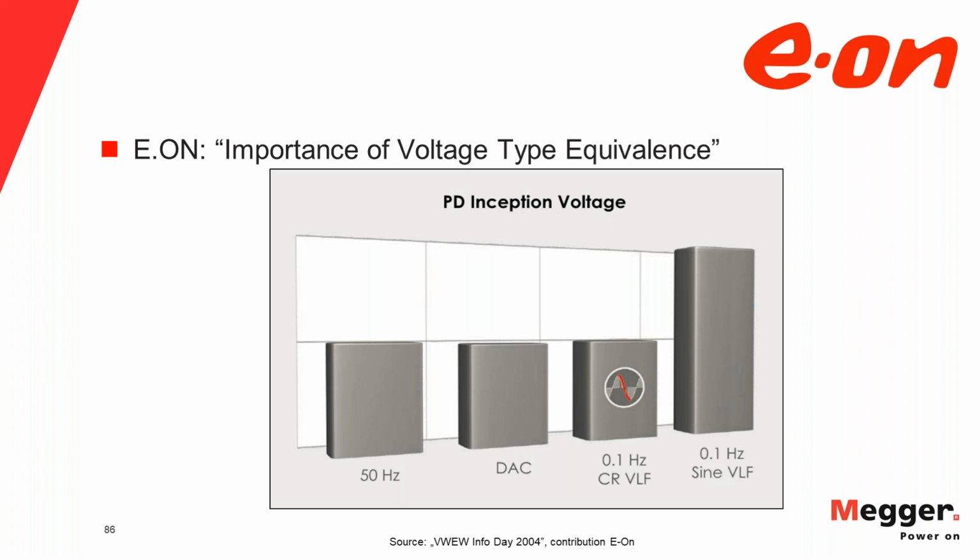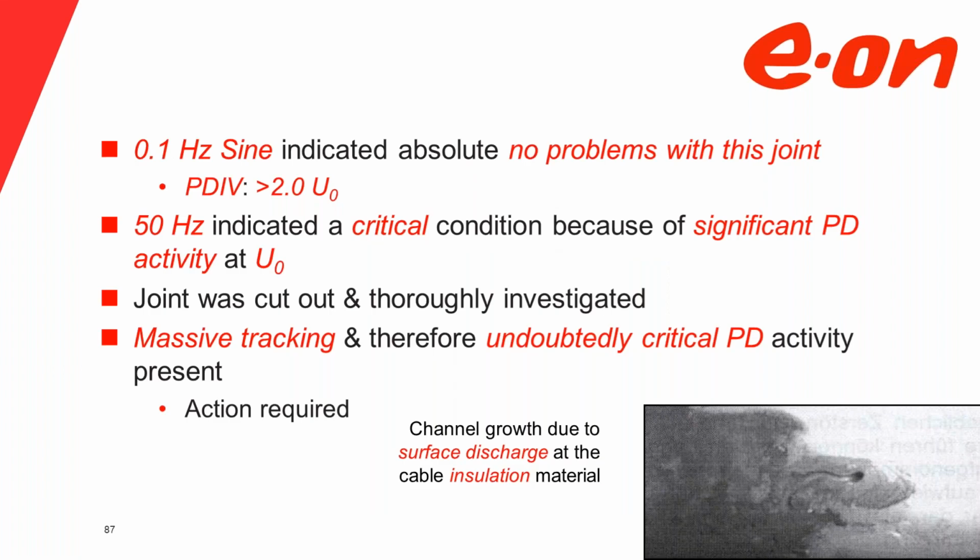And the sinusoidal, problems with inception voltage, amount of counts, like the intensity and the magnitude. And these are some more pictures. You see the tracking. It's not the best picture, but you see the surface is getting damaged. So action was required. That was the takeaway message from that comparison.